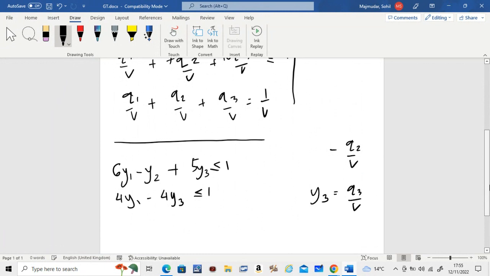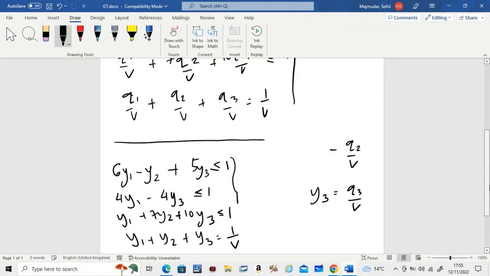Less than or equal to 1. And y1 plus 7y2 plus 10y3 less than or equal to 1. And y1 plus y2 plus y3 will become 1 over v. Okay, so these three here become the constraints of your linear programming problem.